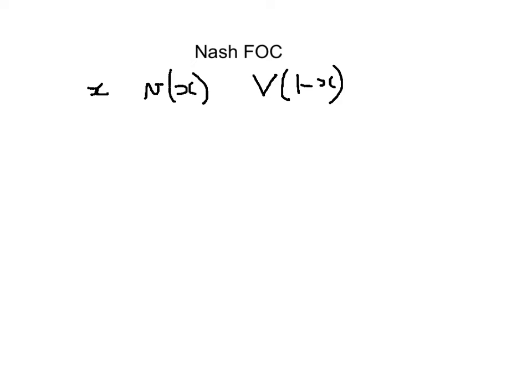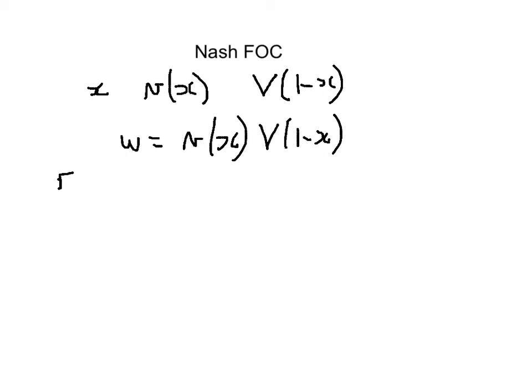So here in this framework, you'll note that X is the share going to person 1. If X is equal to 0.5, the parties will split the surplus 50-50. So the Nash product is simply v of X times capital V defined over 1 minus X.